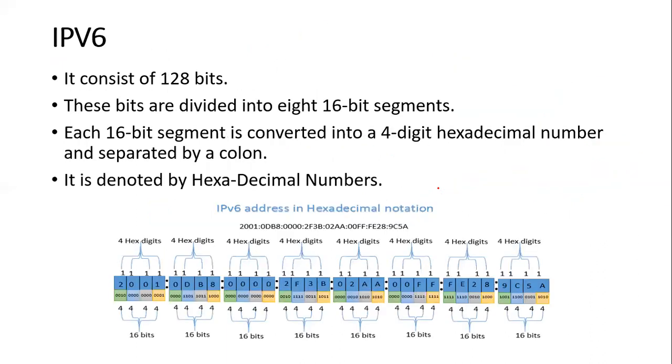Now IPv6 addresses. As I said in the earlier slide, IPv4 addresses range from 0.0.0.0 to 255.255.255.255. The technology is growing, and many companies and organizations are coming into the picture, so we see depletion of IPv4 addresses.